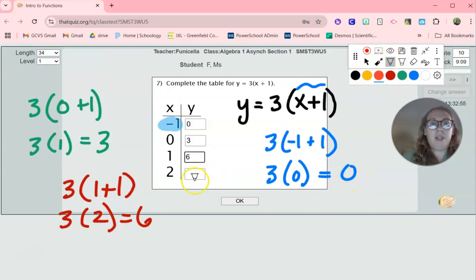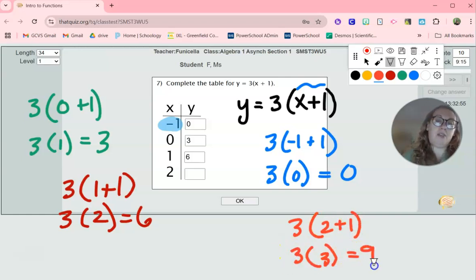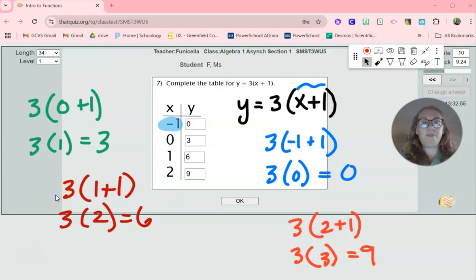And then our last one is a value of 2. So we have 2 plus 1, which is 3. And 3 times 3 gets us 9. So our values here are 0, 3, 6, and 9. Make sure you have those plugged in. And when you're all set, push ahead to the next one.